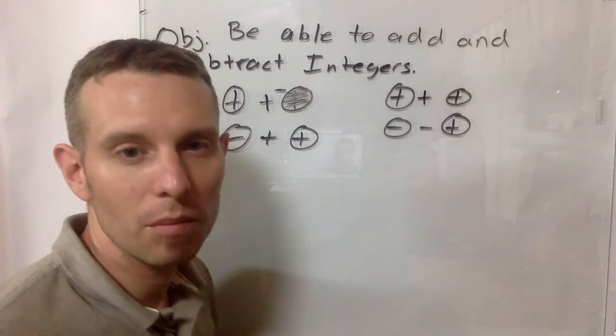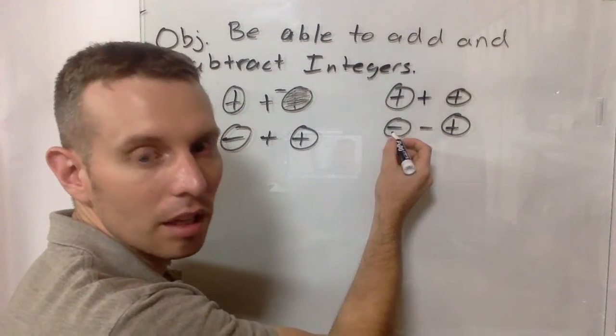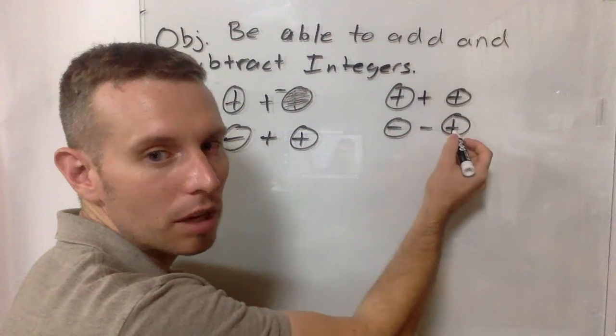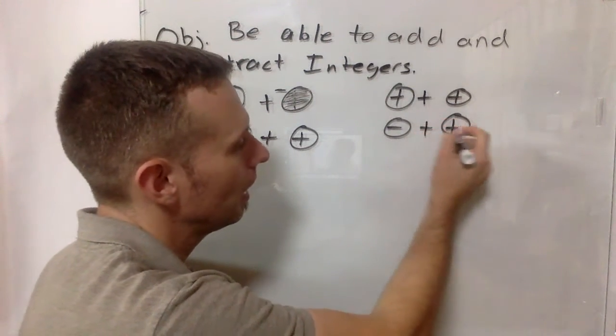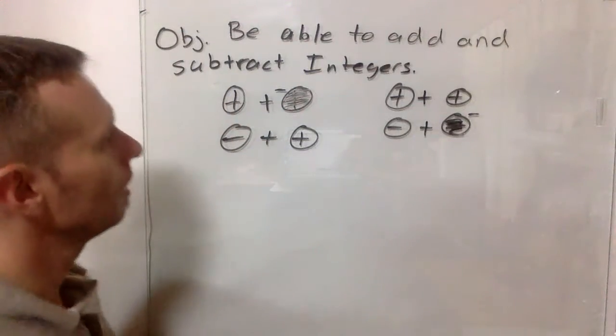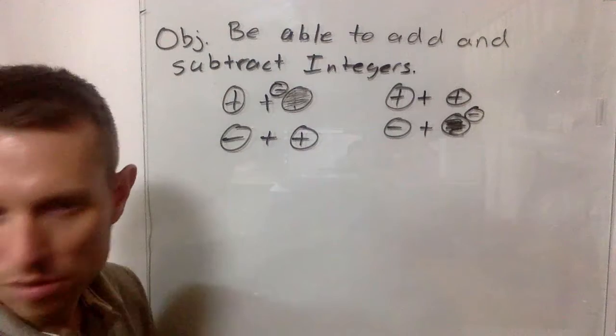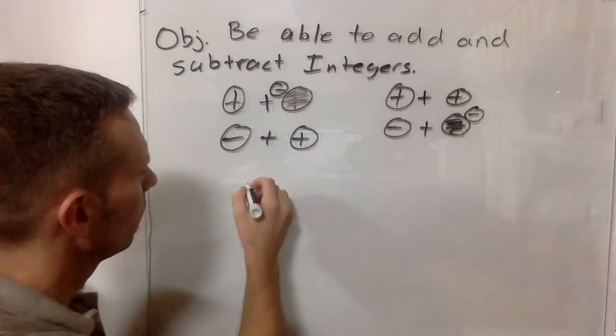Now we've just made it a positive plus a positive. And last but not least, negative minus positive, we again add the opposite and change this to a negative sign here. So let's do a few examples of those.